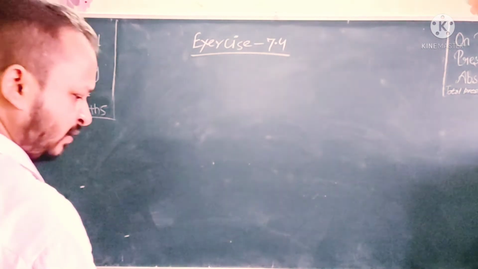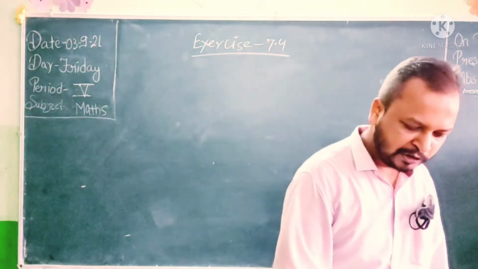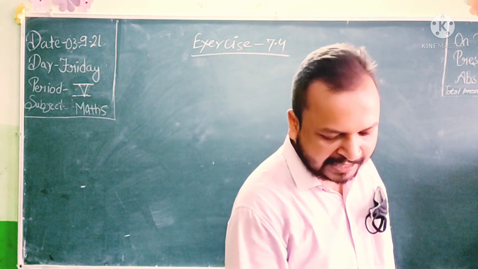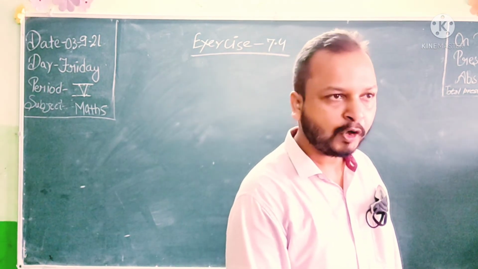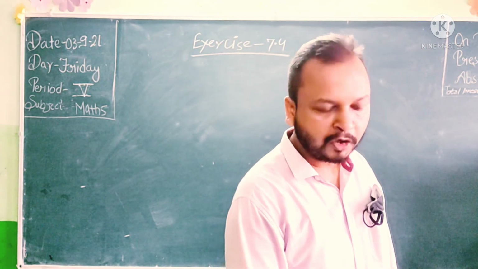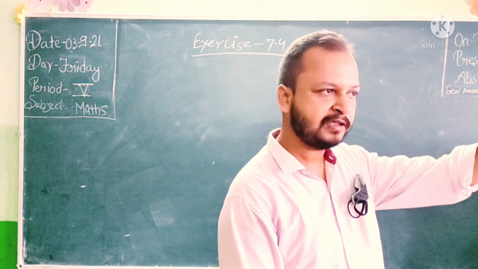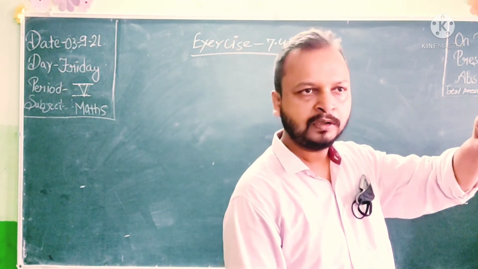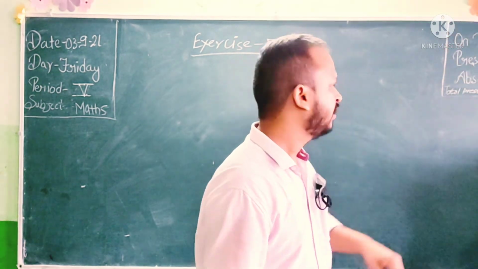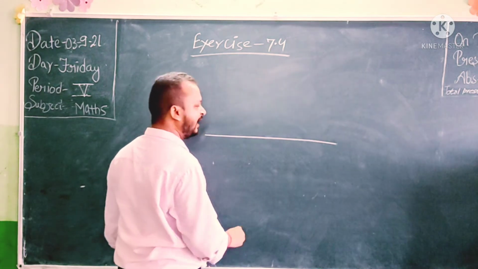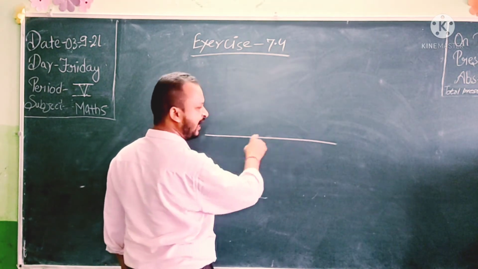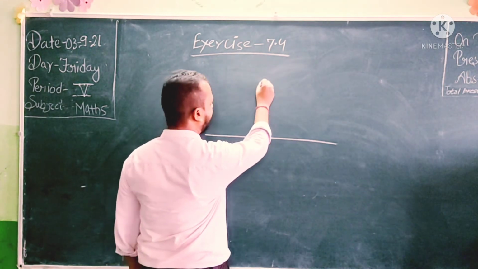Come to the last question. In the last question, show that all line segments drawn from a given point not on it. Not on it means the point should not be on that line segment; it can be anywhere else. So suppose the given line is this, right? The point should not be on this line, somewhere outside.